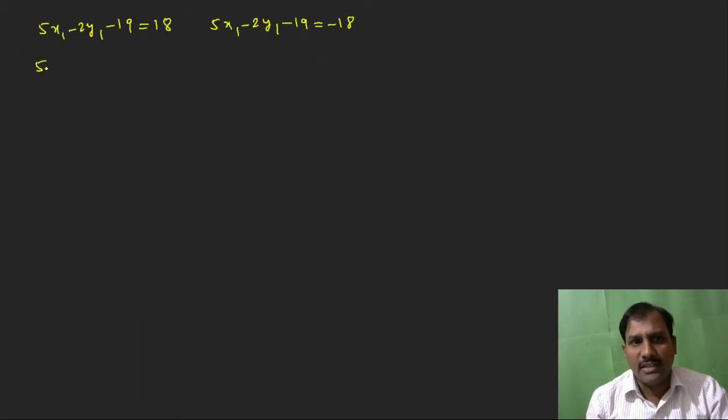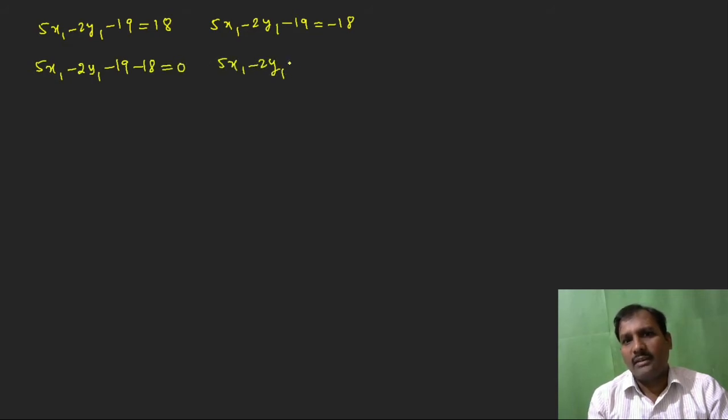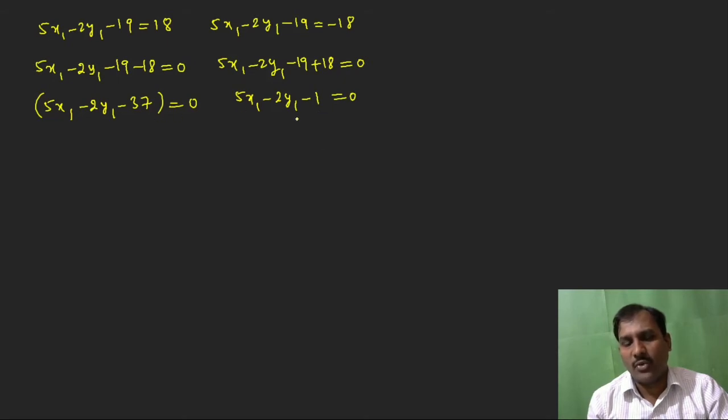Now these equations will become 5x1 minus 2y1 minus 19 minus 18 equal to 0 and 5x1 minus 2y1 minus 19 plus 18 equal to 0. So this will become 5x1 minus 2y1 minus 37 is equal to 0, and 5x1 minus 2y1 minus 1 equal to 0. So these are the two equations we got here.